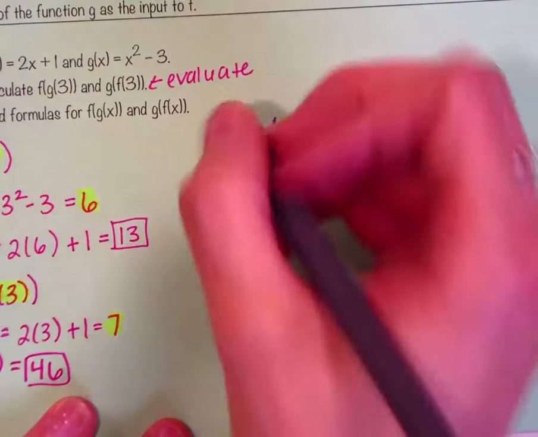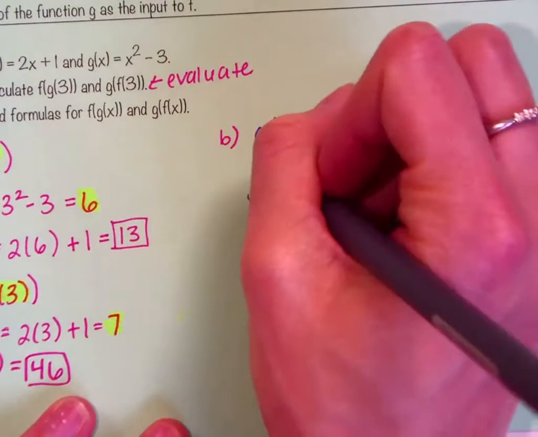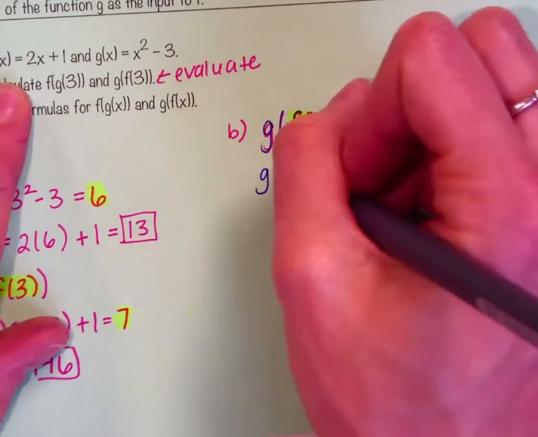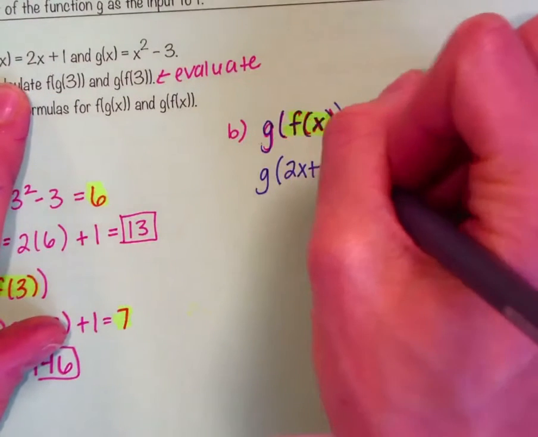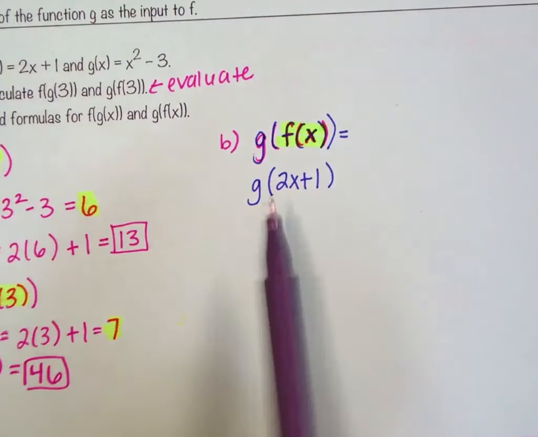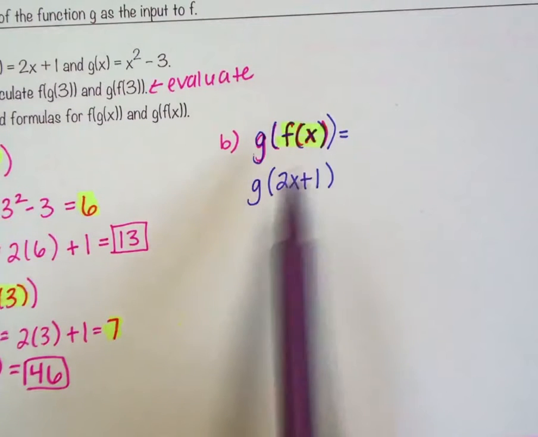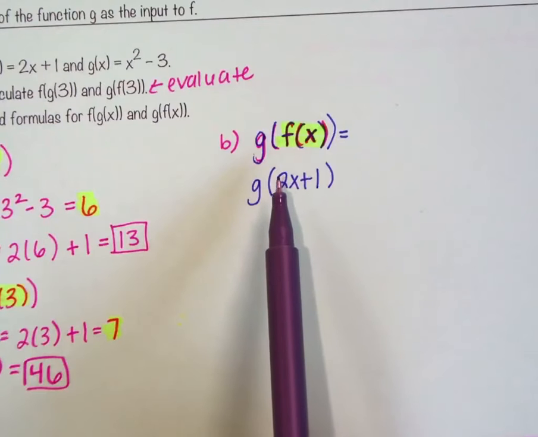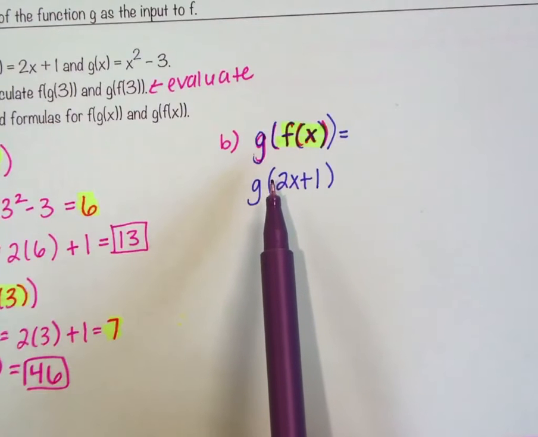So what I'm really wanting to do is find g of 2x plus 1. Okay, f of x is defined by 2x plus 1. That is the input for g right here.